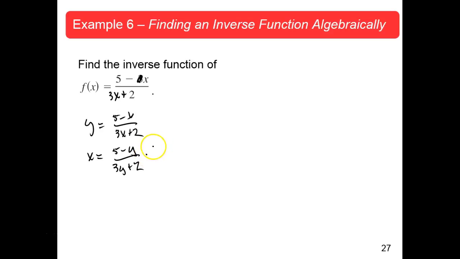Multiply by 3y plus 2. Multiply both sides by that denominator. Got to do it. If you do it to one side, you got to do it to the other.